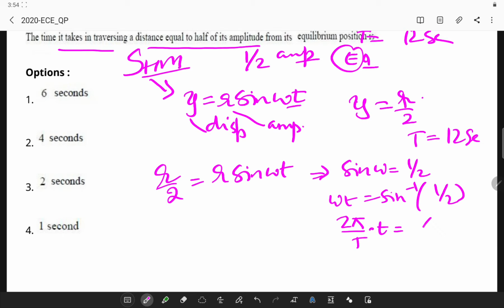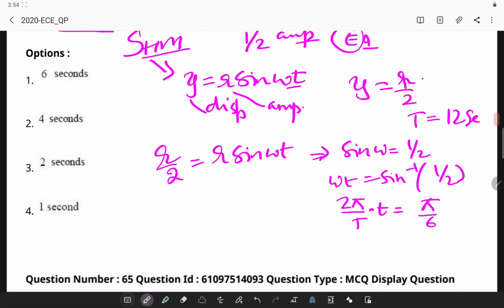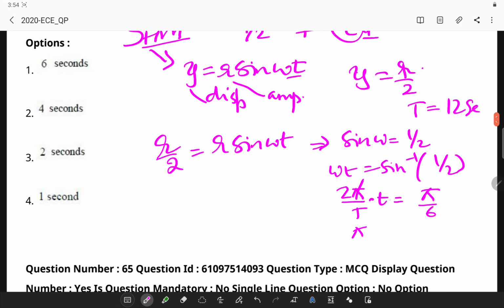Sin inverse 1 by 2 is pi by 6, or 30 degrees. Also here in this case, this value of T is given as 12. So 2 into 6, I'll be left with t is equal to 1 second.